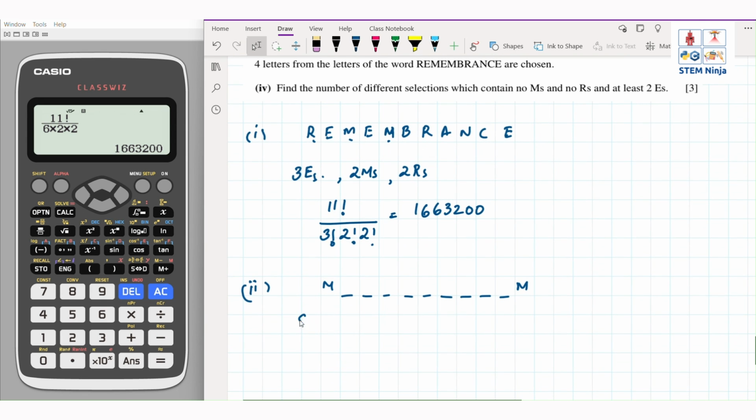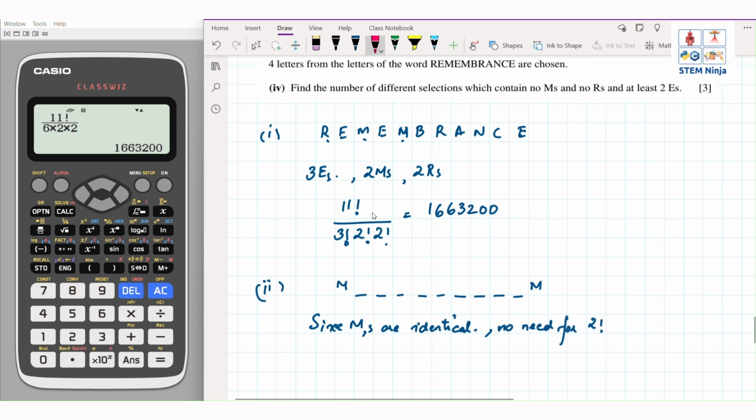Since M's are identical, we don't need to do the 2 factorial over here. No need for that.